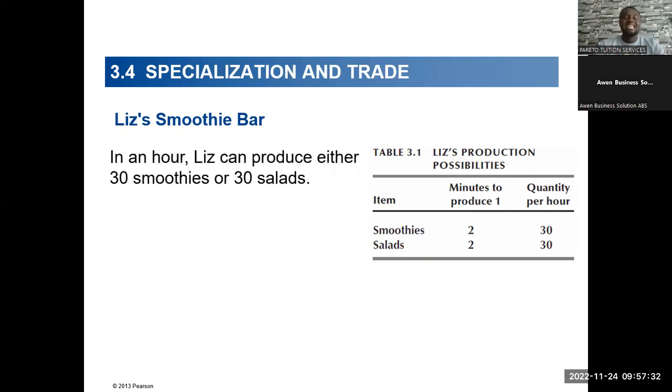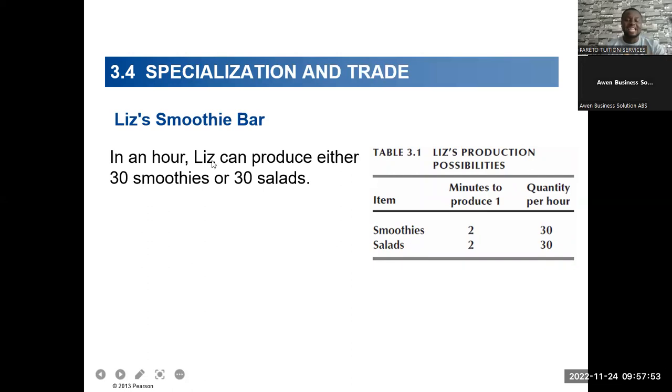Now, in an hour, Liz can produce either 30 smoothies or 30 salads in 1 hour, okay? So if you look at the table here, that's her production possibilities. The items are smoothies and salads. How many minutes would we need to produce one smoothie?